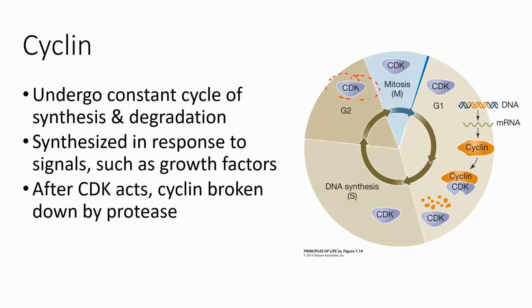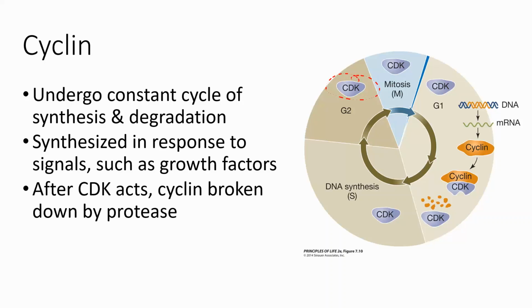So whether or not you move on to the next part of the cell cycle depends on whether or not the appropriate cyclin is present. When the appropriate cyclin is present, then you will move on to the next stage of the cell cycle because it will turn on the CDK and allow the CDK to function and phosphorylate proteins.